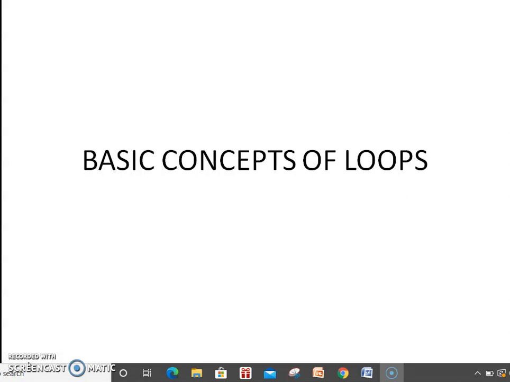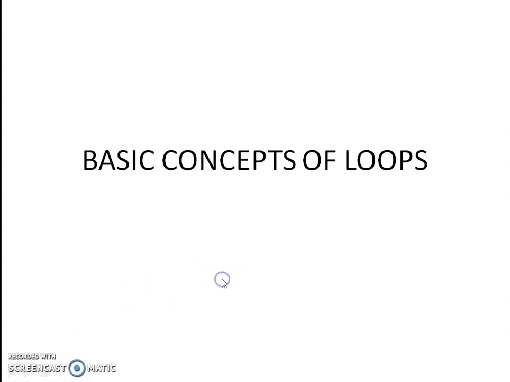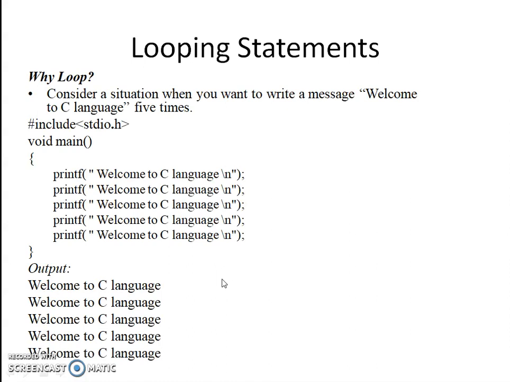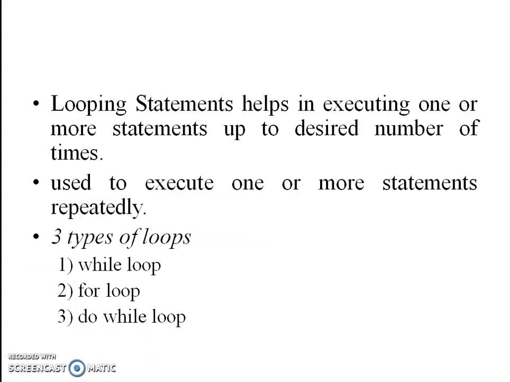Now in today's class, I'm going to discuss the three basic types of loops, their syntax and examples. Suppose you want to execute a statement for 5 times, using printf statements is going to be difficult.